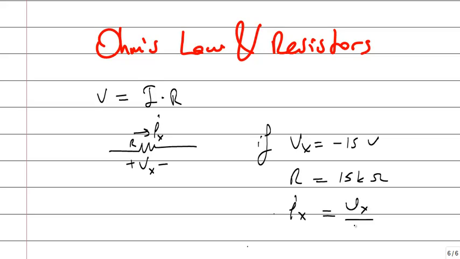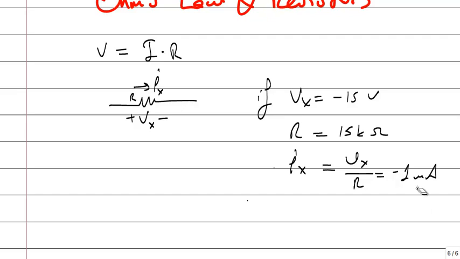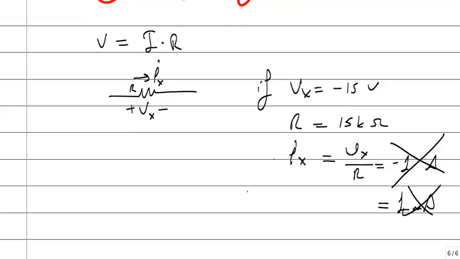It's Vx divided by R. Minus 1 milliamp. If you write amp, that will be wrong. If you write 1 milliamp, that will be wrong. You have to write minus 1 milliamp. 1 kilo ohm means 1000 ohms.